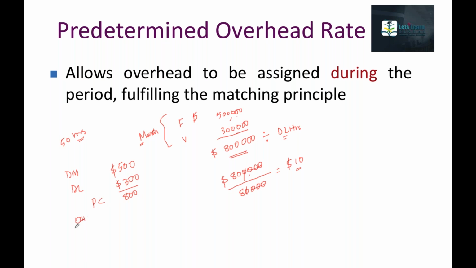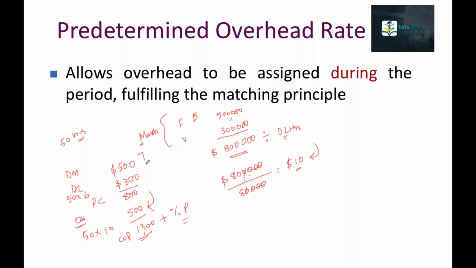Then overheads: we calculated that it takes 50 hours, and the predetermined overhead rate is $10, so $500. So the cost of production will be $1,300. Then you can add your profit. So before accepting the order, you are able to give a quotation. You can give an offer price based on $1,300.